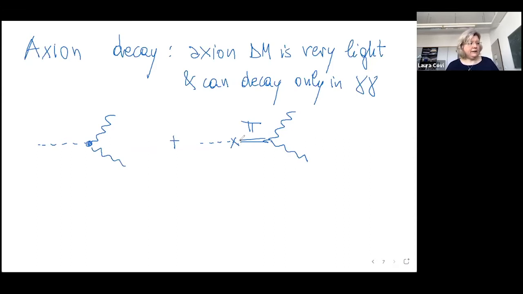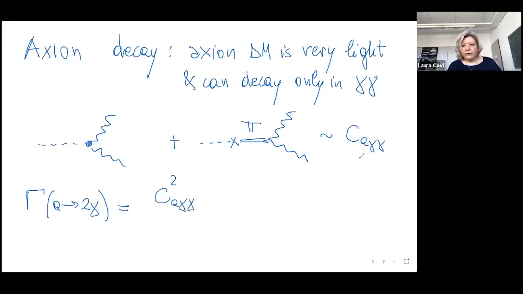And we can very easily parameterize this unknown coupling. So the coupling which is here or here, we can say it is parameterized by a C a gamma gamma, which is in some sense a quantity which gives us the total value of these two, and it's usually, as I said, non-vanishing. And then I can just write down the decay rate for this process, which is just coming from the vertex. So you have a C squared a gamma gamma.